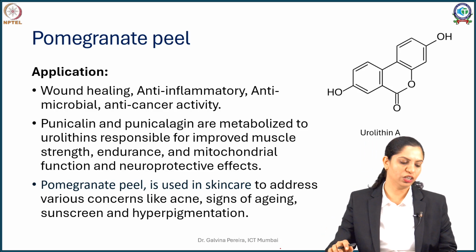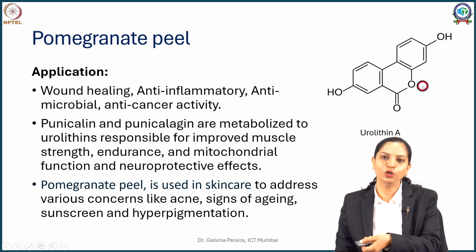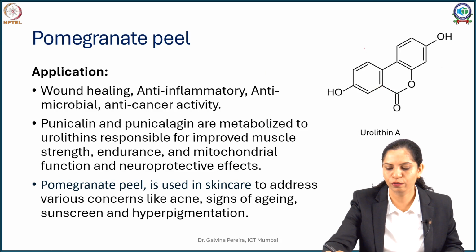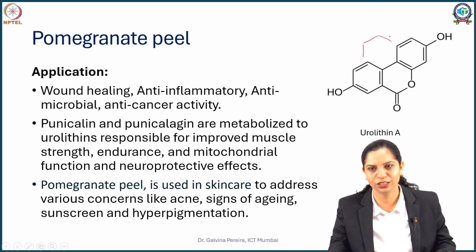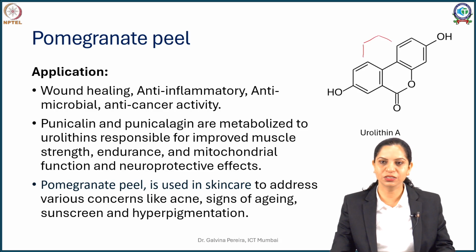I just have one structure here, and that's the structure of your urolithin A, but numerous such urolithins have been produced. You can see it is chiefly, if you just put a ring to it, you can imagine your ellagic acid. So it's just kind of a derivative produced by microorganisms coming out of ellagic acid metabolism.